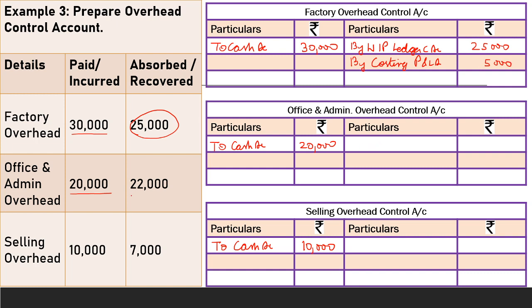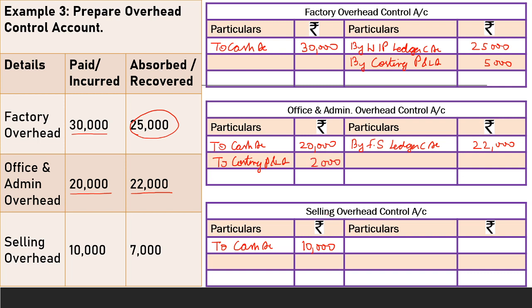Our next overhead account is office overhead. Here we recover more than we pay. So on credit side we write by finished stock ledger control account, and we recover 22,000. So the balancing value is on debit side to costing P&L account, and the amount is 2,000 rupees.